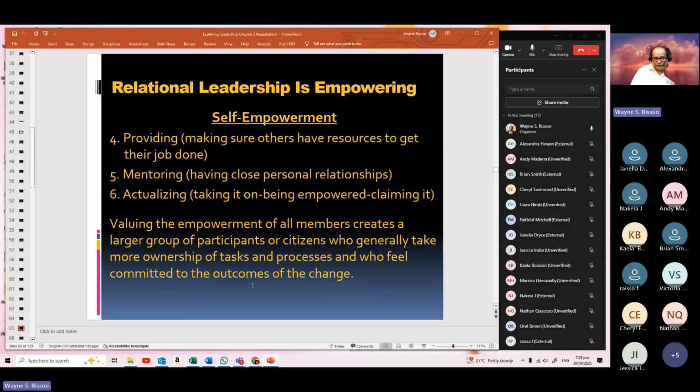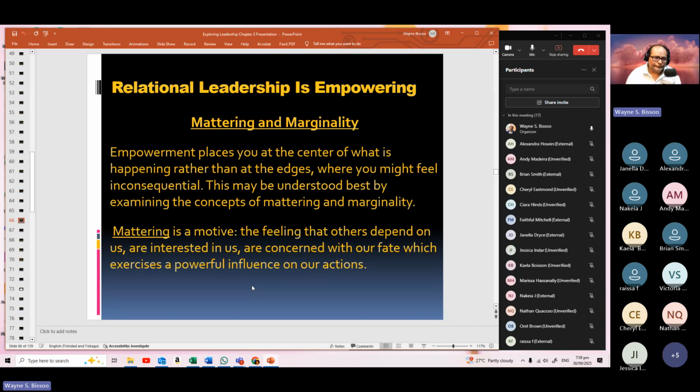You also have providing the opportunities and resources for people to become self empowered, mentoring those around us in your organization, and of course, taking on the opportunities to exhibit and be self-empowered yourselves. That's the nature of what needs to be going on. But as a leader, you need to both encourage and exhibit. So you have to lead by example.